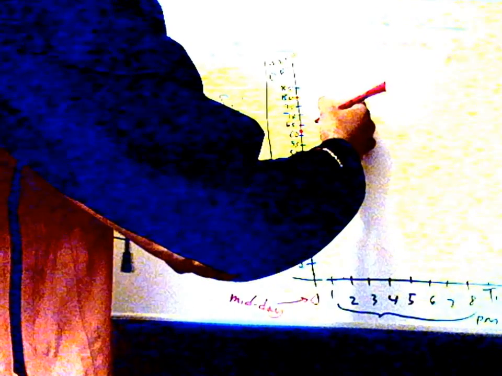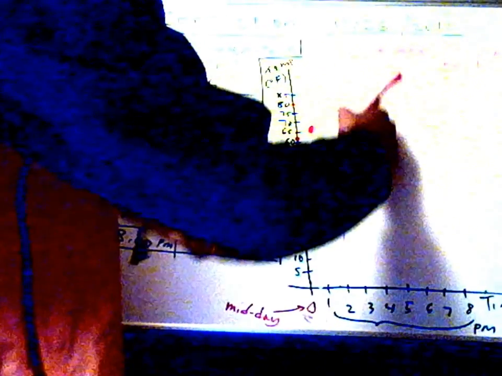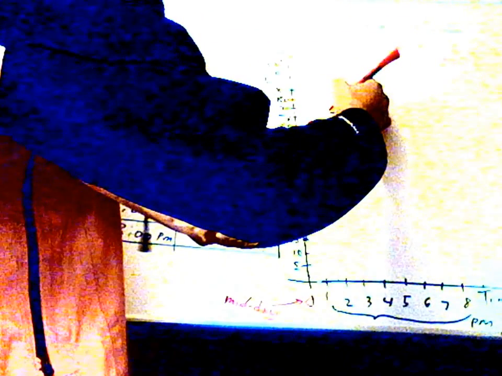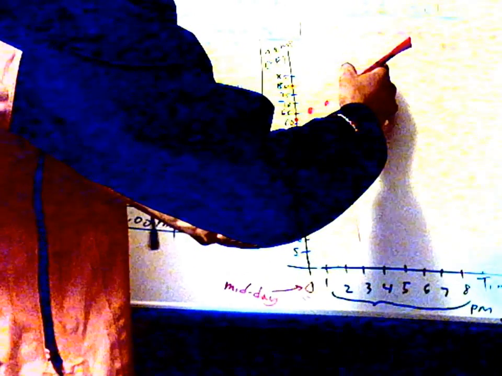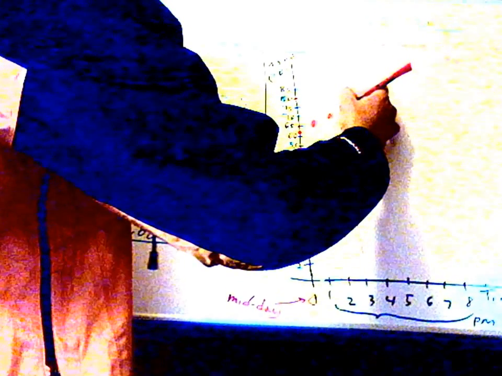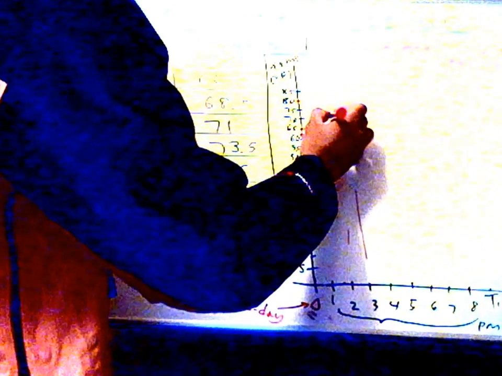Then at 1 o'clock, the temperature is going to be 66. At 2 o'clock, it's going to be 68.5, which is just slightly above. At 3 o'clock, it's going to be 71, slightly above. See that? The temperatures are real close.